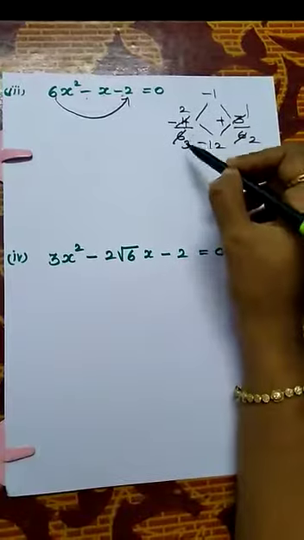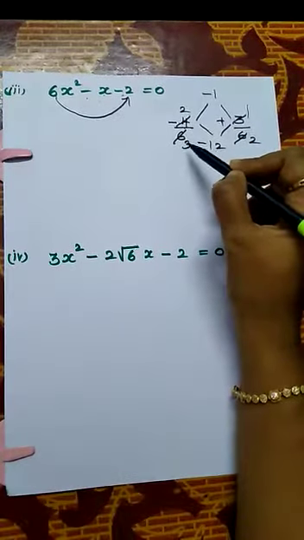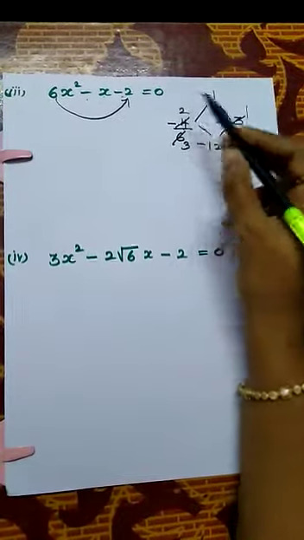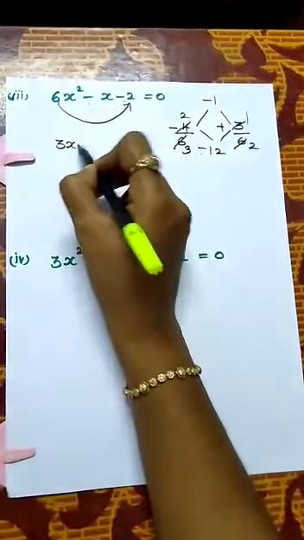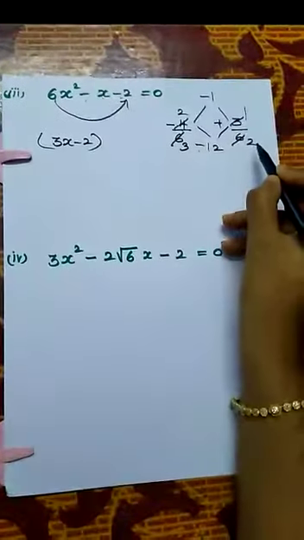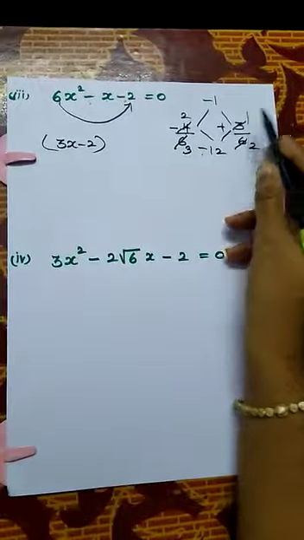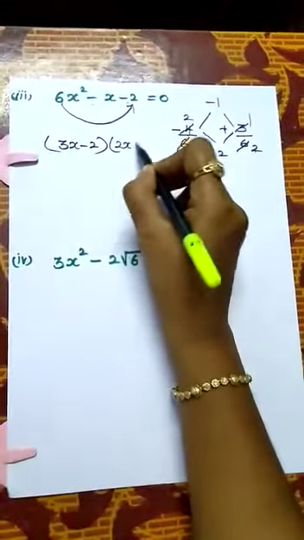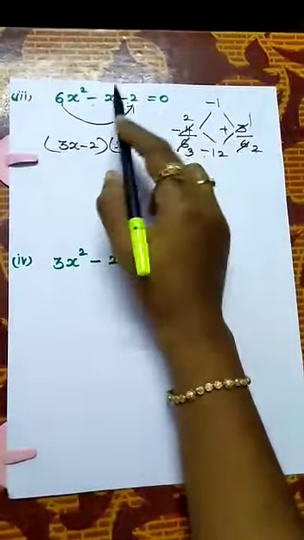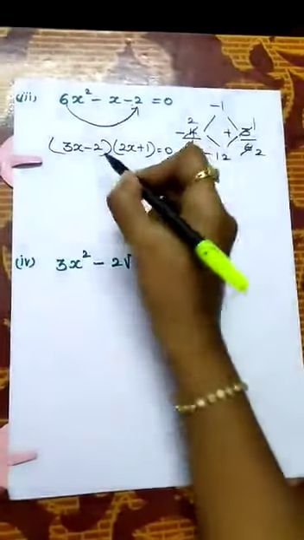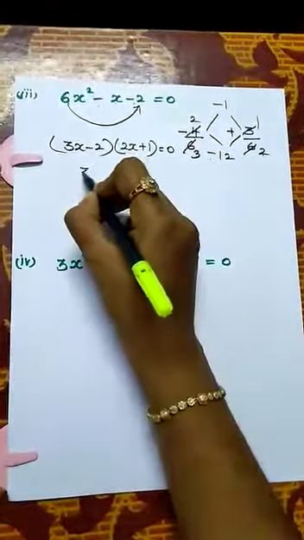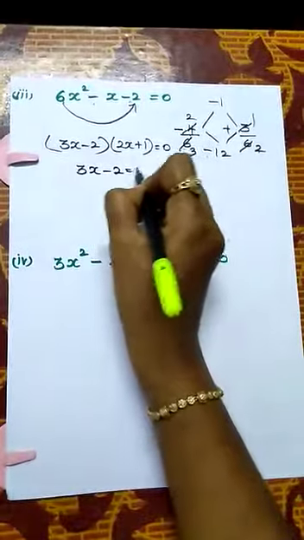How can we write the values? Multiply the denominator with x, then add the numerator. So 3x minus 2. Again multiply the denominator with x, add the numerator. So that is 2x plus 1. These are the factors of the given quadratic equation. We have to find the roots of the quadratic equation also. 3x minus 2 equal to 0.